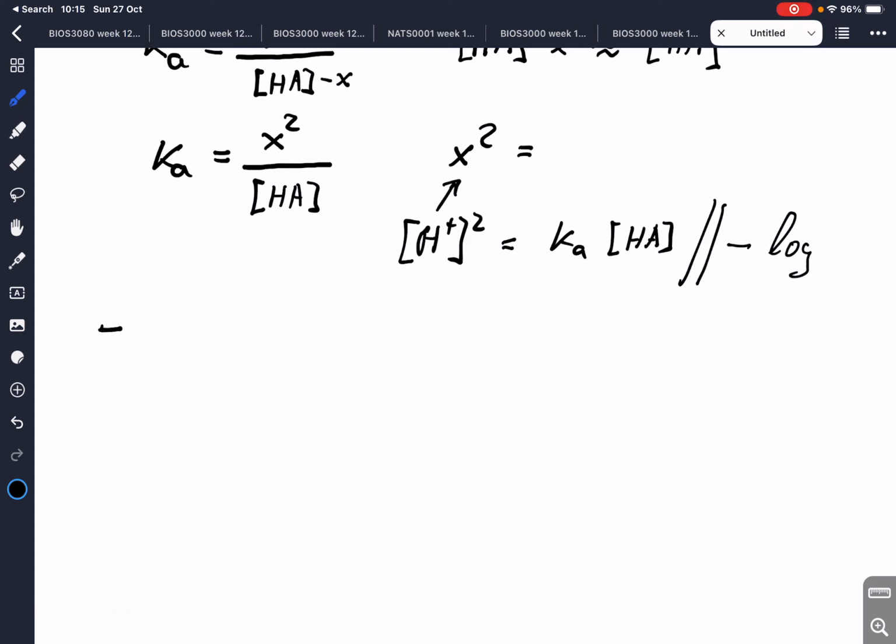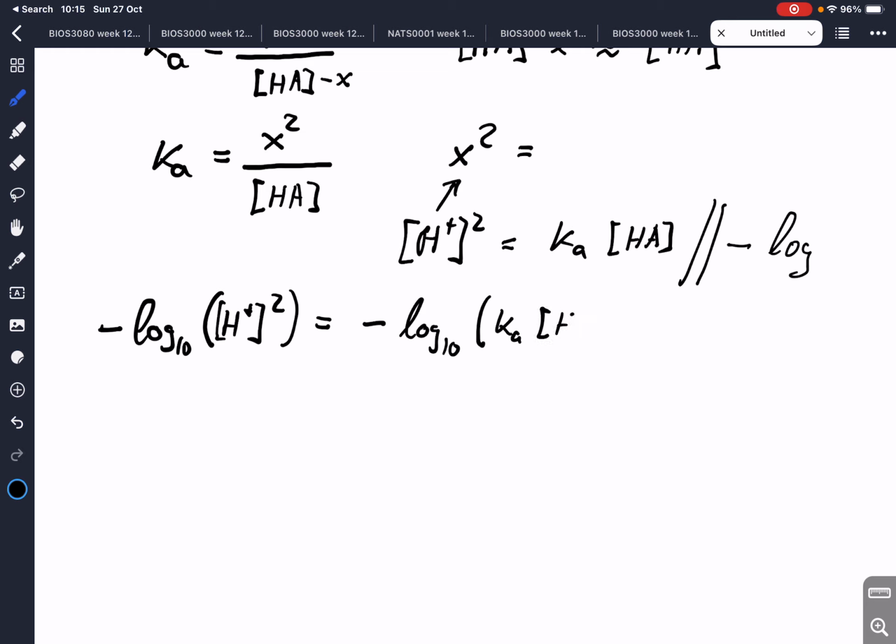We get negative log 10 of the proton concentration squared equals negative log 10 of Ka times the acid concentration. What can we do with that?